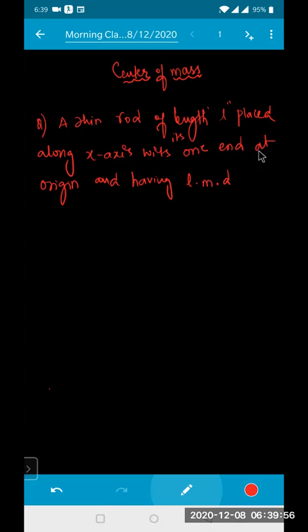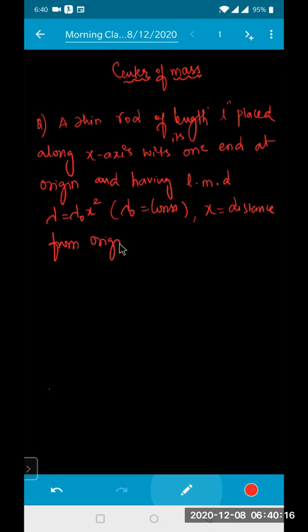Lambda is equal to lambda naught into x square, where lambda naught is a constant beta. X is the distance from the origin.